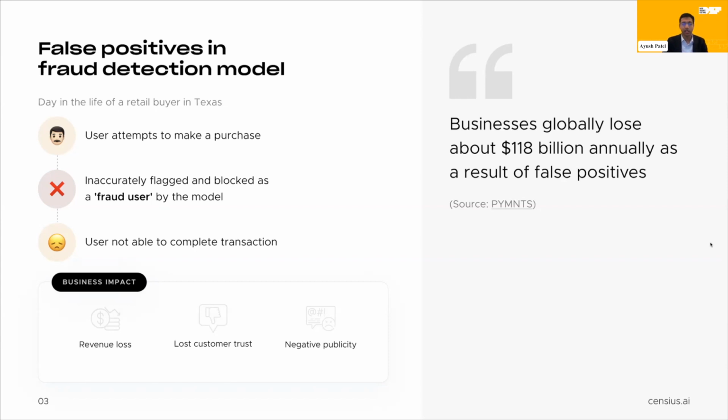So in this particular case, this may be happening in one particular region. I'm from Texas, and let's say this user is getting flagged in Texas, but for the rest of the world, all the transactions are going through. As a business, you wouldn't know this until you were looking at your models granularly for one particular city or state or demographic.